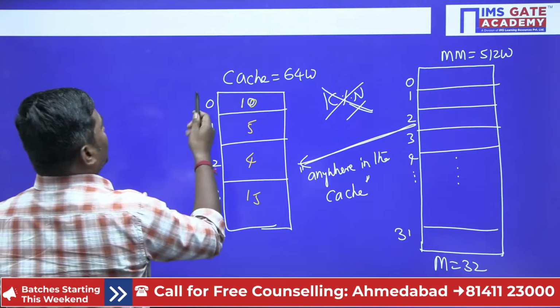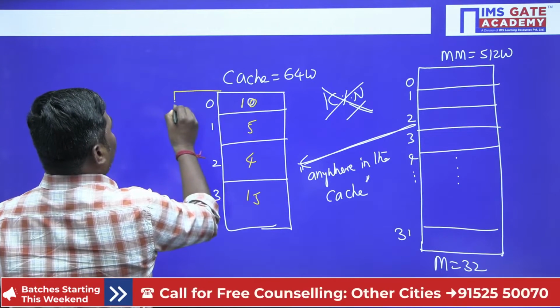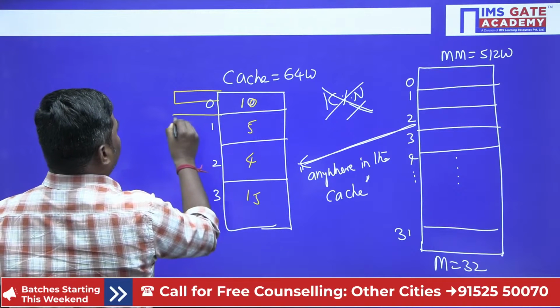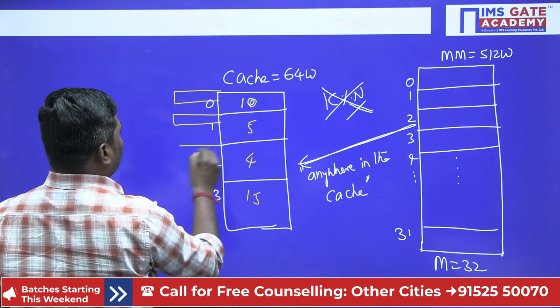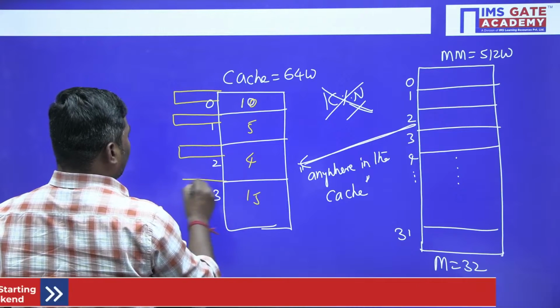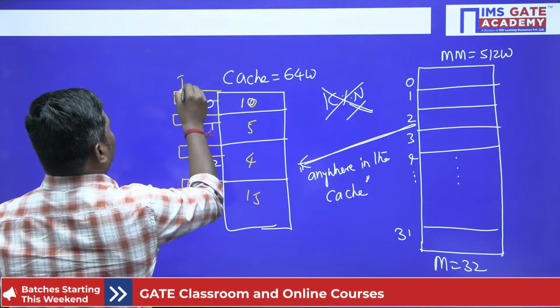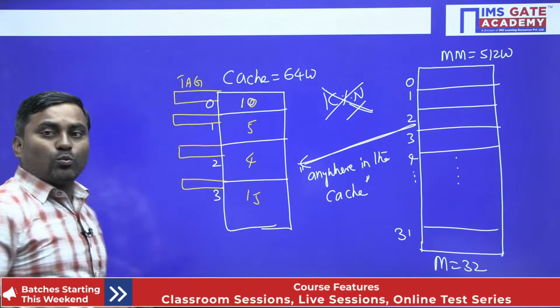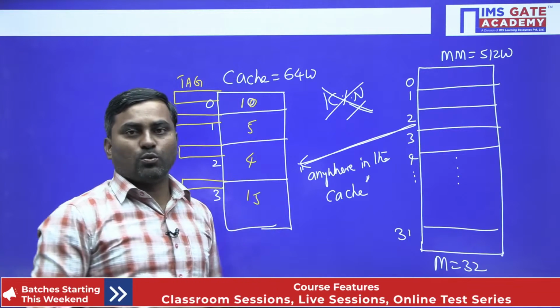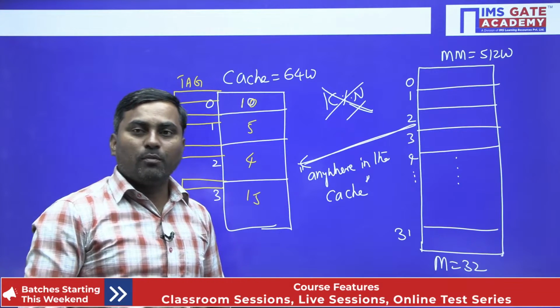Here also, every cache block has tag bits. Now see, if I ask how many blocks are referring to this location, all are referring, right?